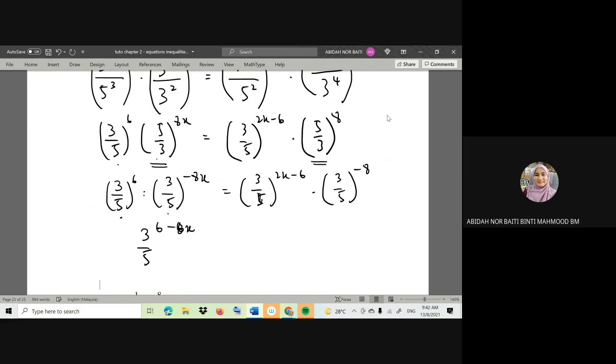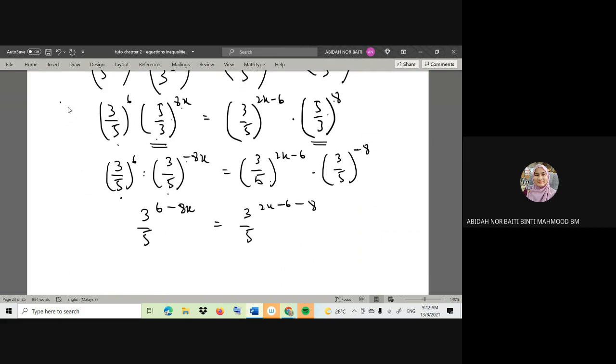When you flip it, positive becomes negative. This one is the same, we flip it. Why do we flip? Because we want it to be the same as the one beside it. So positive power becomes negative power. The other side is the same: 3 over 5 power 2x minus 6, so minus 8. Rules of indices. So now we have the same base on both sides. Therefore, we can compare the powers. Equal to x minus 14.